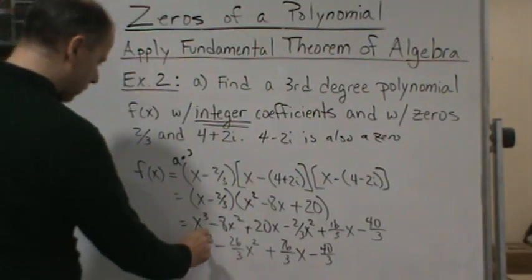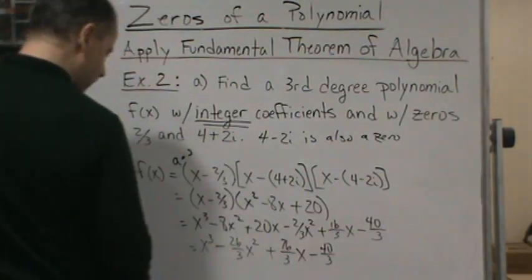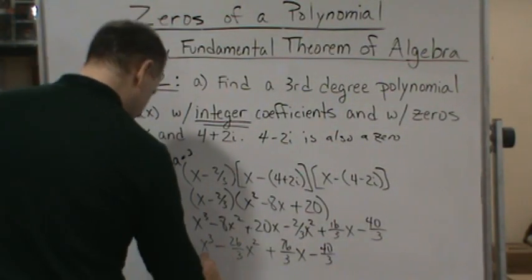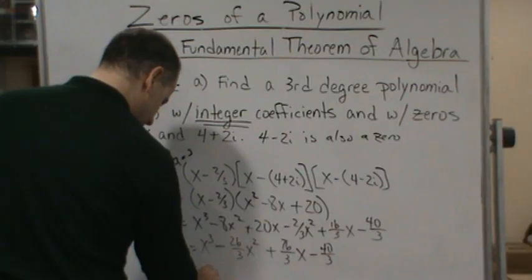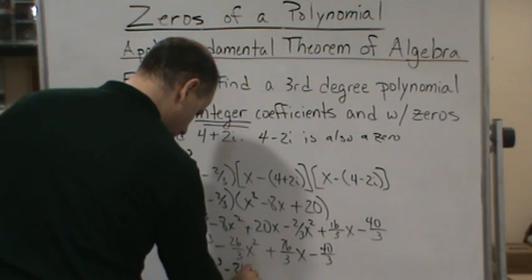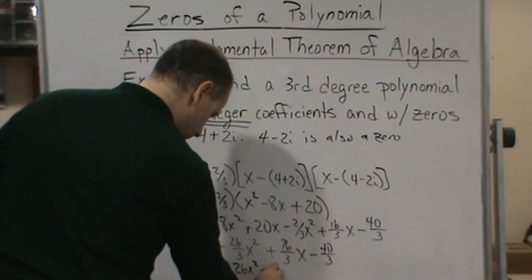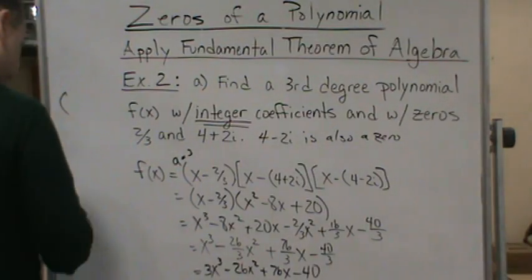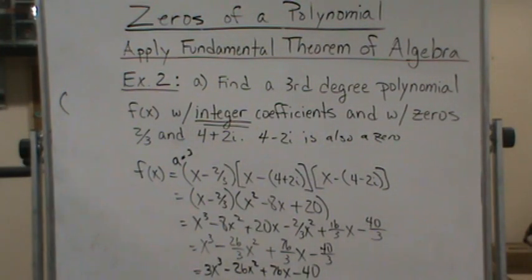If we multiply through by 3, then we're done. So this will become 3x cubed minus 26x squared plus 76x minus 40, and that is the answer to that part.